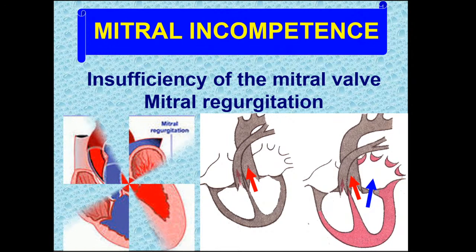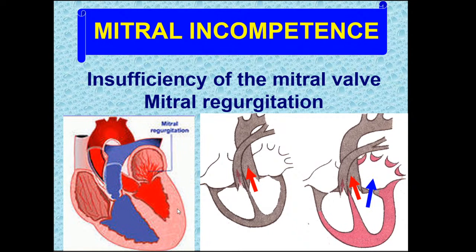We are talking about the formation of mitral regurgitation. You see, normally blood must go only into the aorta. In pathology, it goes in two directions, into the aorta and back into the left atrium.